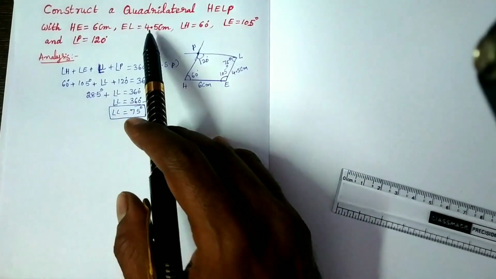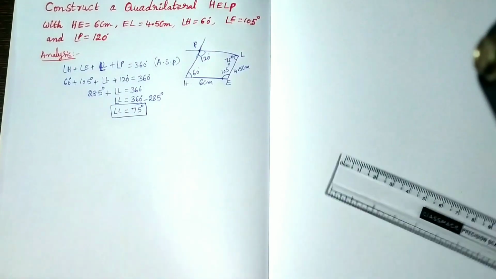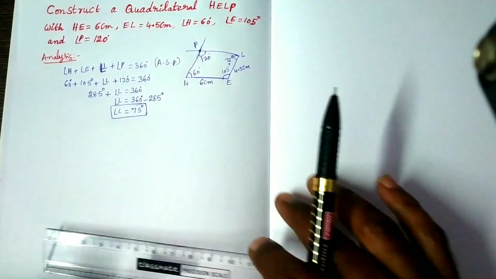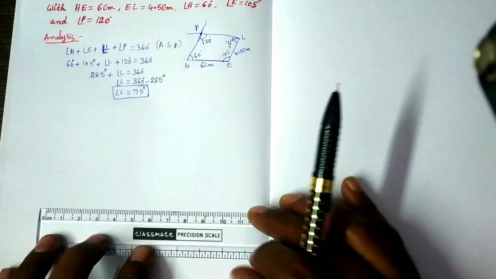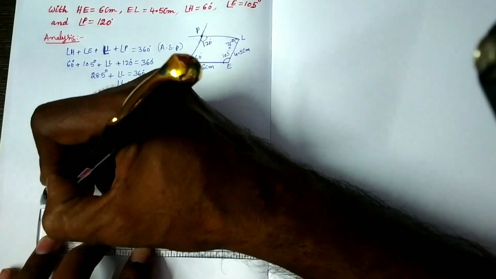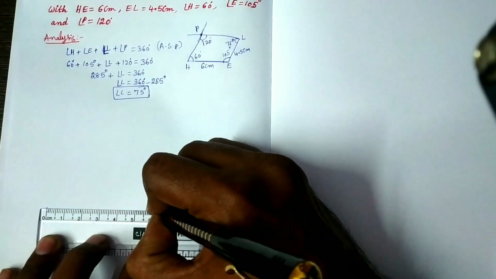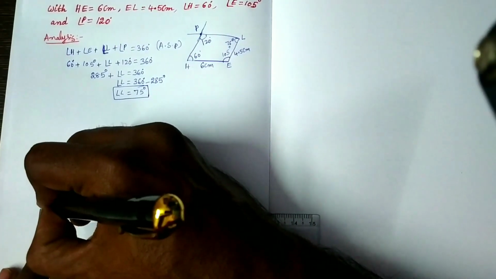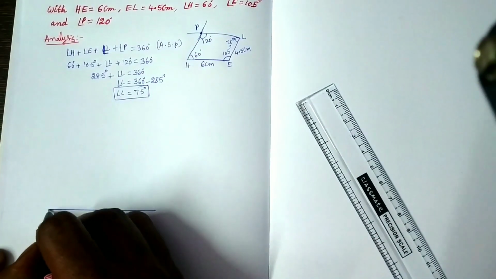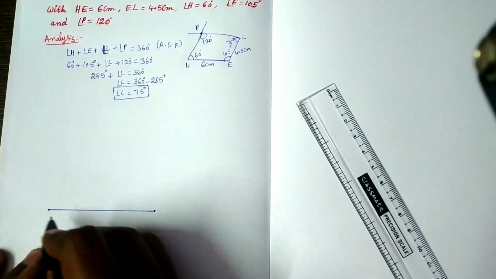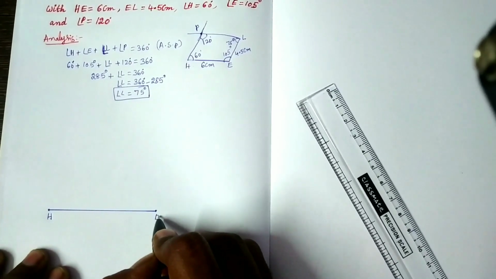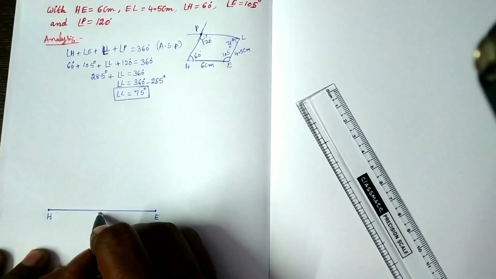So let us start the construction, original construction. Take HE is equals to 6 centimeters. 0 and 6. This is HE, 6 centimeters.